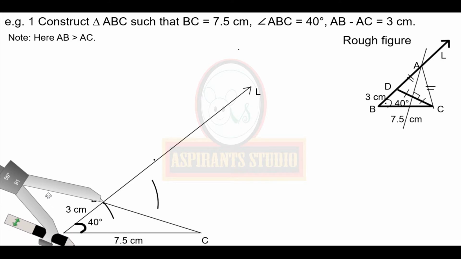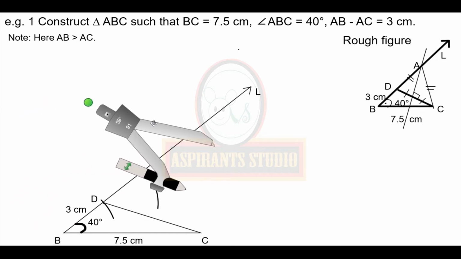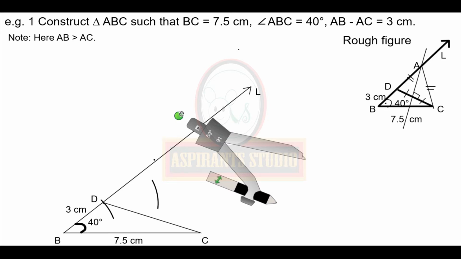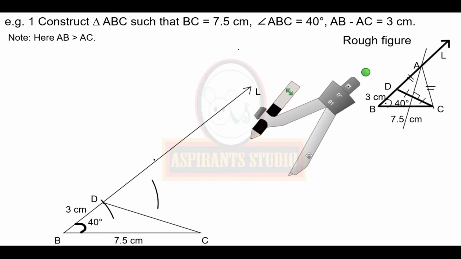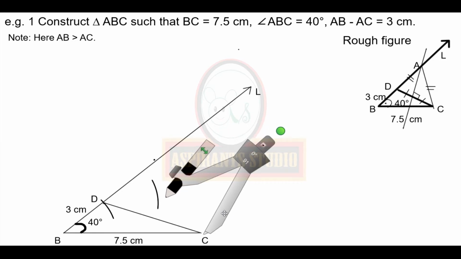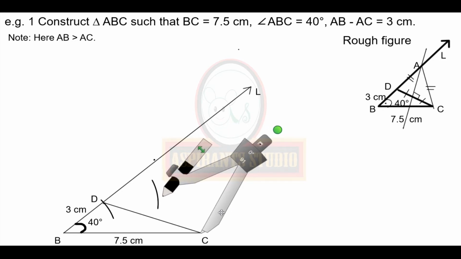Now, take the compass to the other end of DC. Keep the sharpened end at C and cut those arcs. You already made the arcs above and below DC. Keep one end of the compass at C and cut the arcs which are drawn.